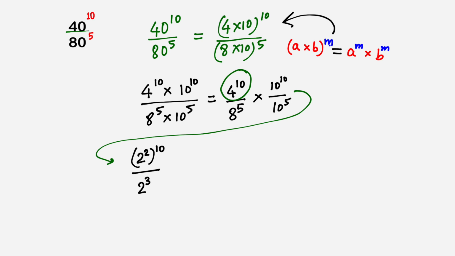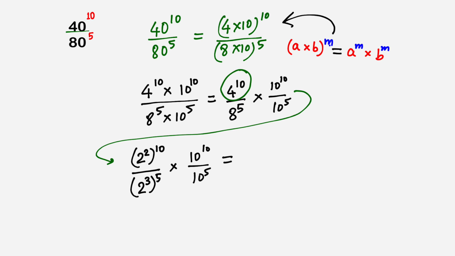So 2 into 2 into 2 is 8, and that whole is raised to the power 5. That is multiplied by 10 raised to the power 10, divided by 10 raised to the power 5.